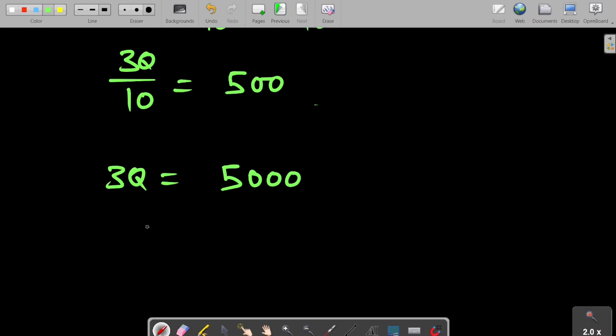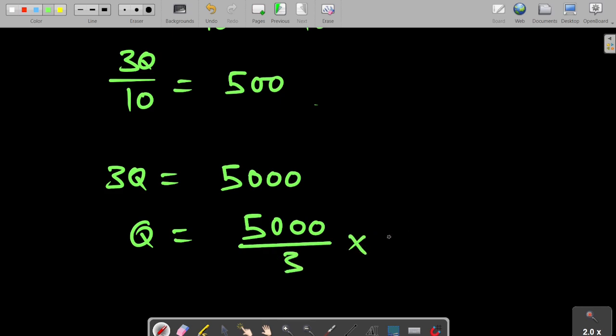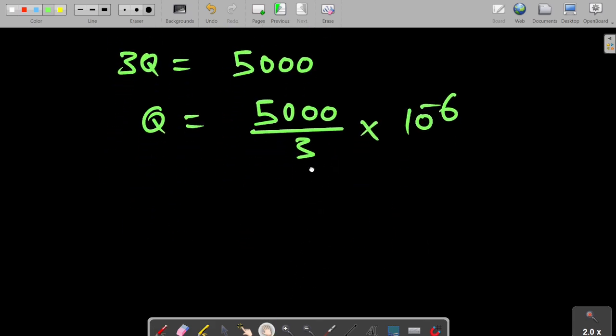Okay, and Q will become 5000 by 3, and since it was in microfarad, it will become 10 into 10 to the power minus 6.